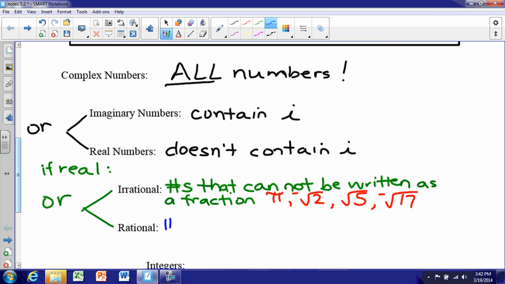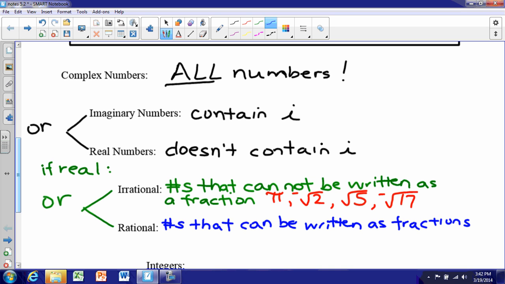So the rational are numbers that can be written as fractions. And that would include decimals that repeat, like 0.333333, and decimals that terminate, like 1.5. Okay?